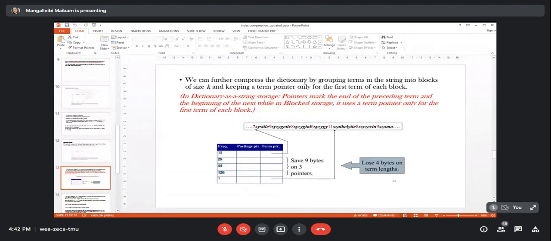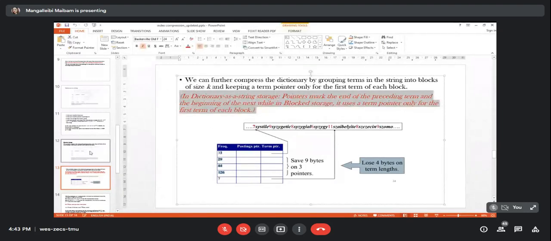So, we can further compress the dictionary by grouping terms in the string into blocks of size k and keeping a term pointer only for the first term of each block. This one is already explained here. And there is a note: in dictionary as a string storage, pointers mark the end of the preceding term and the beginning of the next, while in block storage, it uses a term pointer only for the first term of its block.